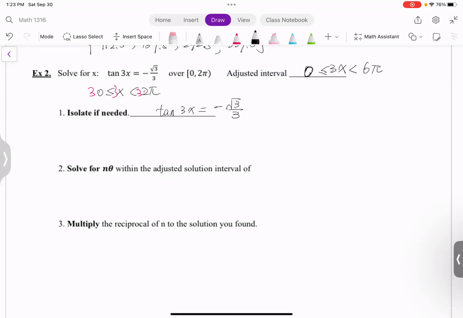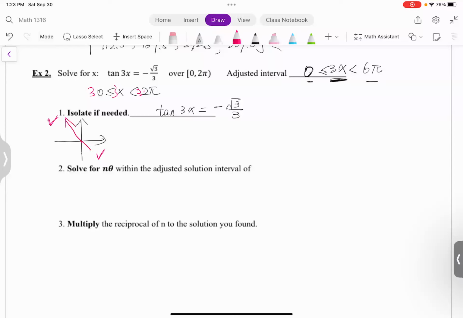So next step, I need to find the 3x. The value is between 0 to 6 pi, and tangent 3x equals negative something. So a negative tangent is in which 2 quadrants? Tangent is negative in the second and the fourth quadrants because of ASTC.